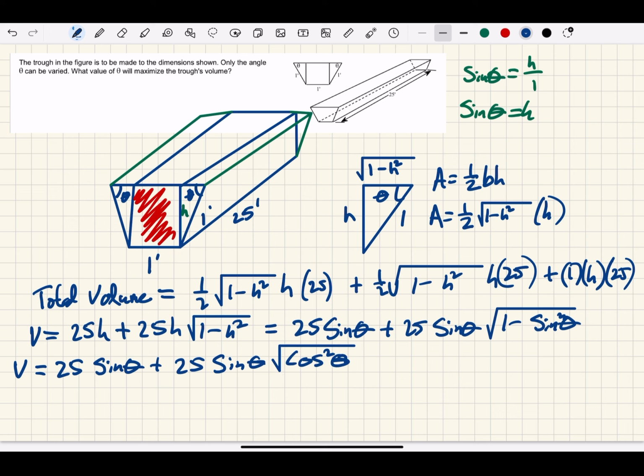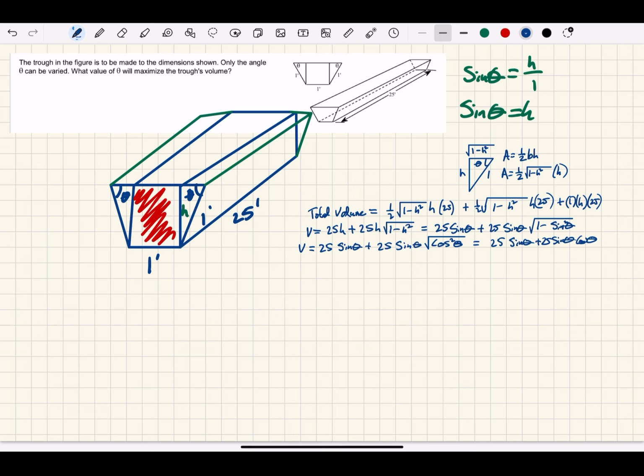But the square root of the square of the cosine of theta would just be the cosine of theta. So our volume then just becomes 25 sine theta plus 25 sine theta times the cosine of theta. So we have a function V equals 25 sine theta plus 25 sine theta cosine theta, where we have the volume expressed as a function of the angle.